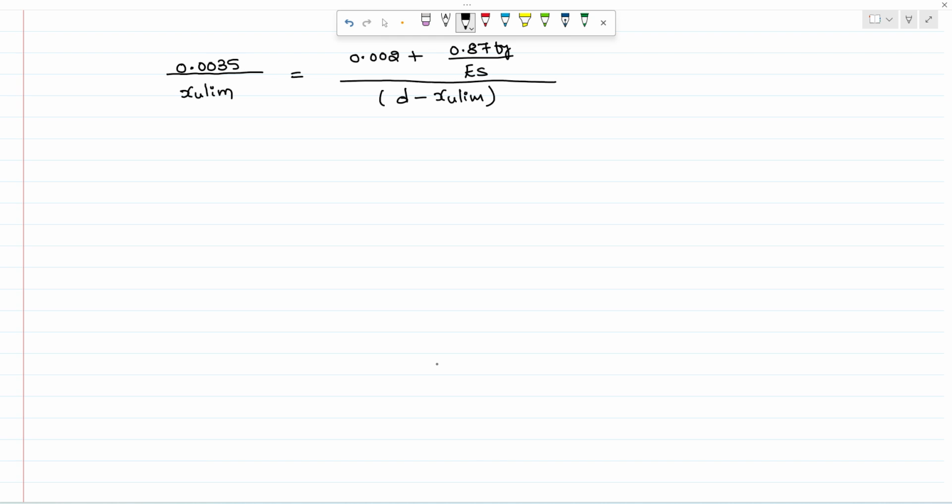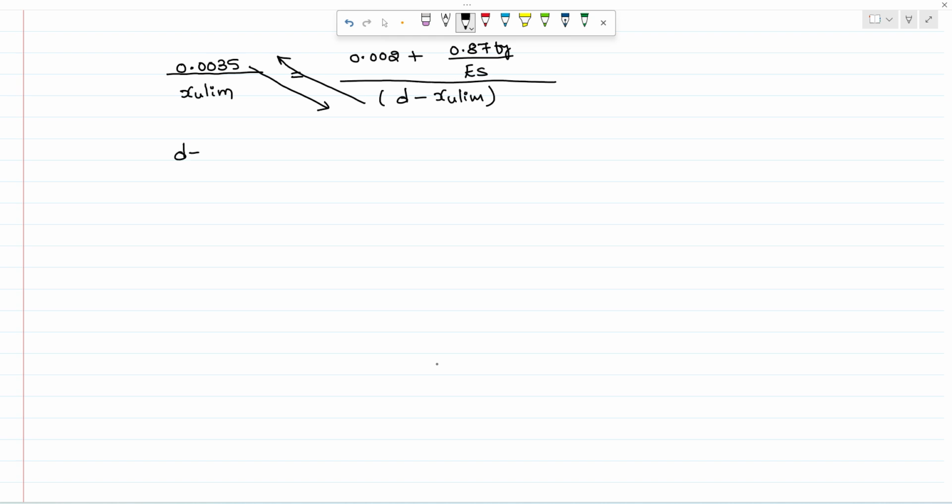So it can be simplified: I will take this D minus XU limit here, and I will take this 0.0035 to this side.